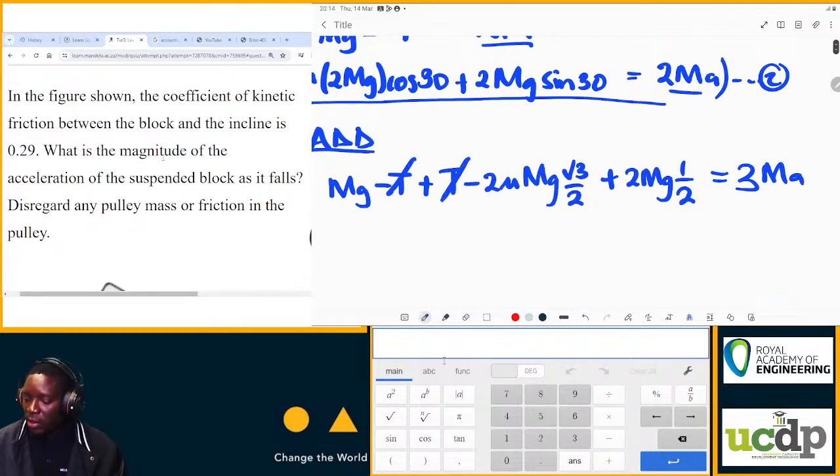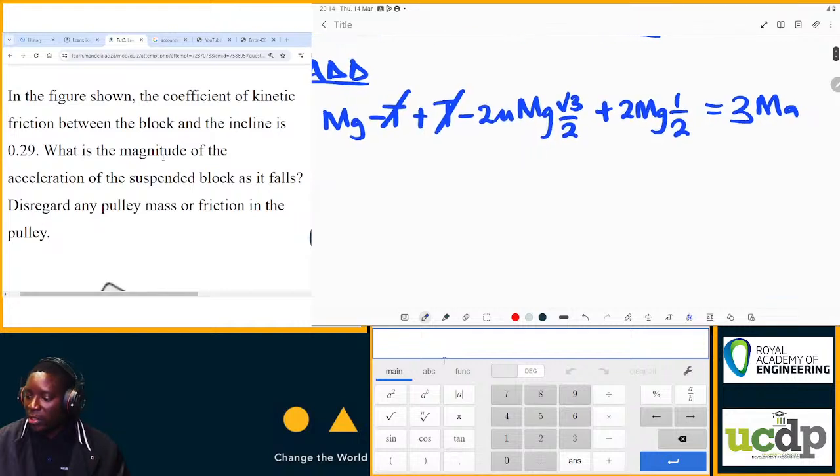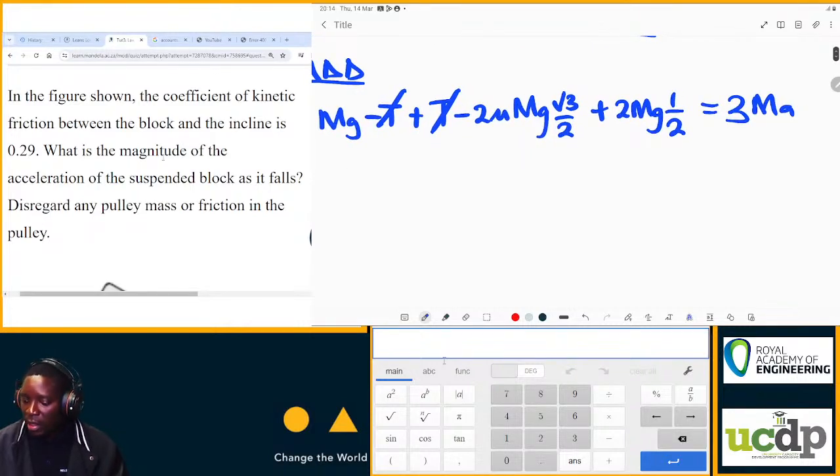This makes it simple because these are like terms, and because they have opposite signs, we can cancel them out. It's even nicer that all terms have m on them, so we can eliminate that m by dividing by m throughout.